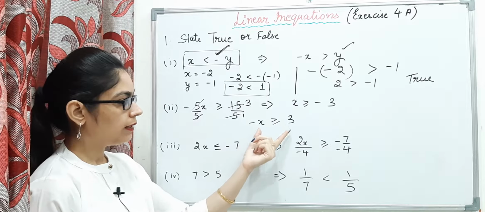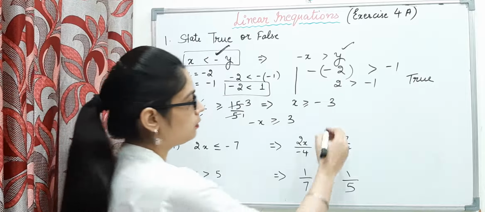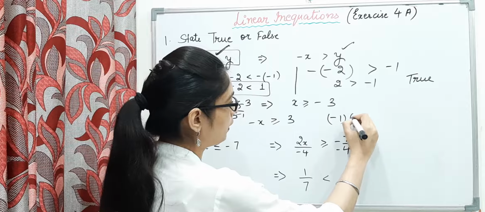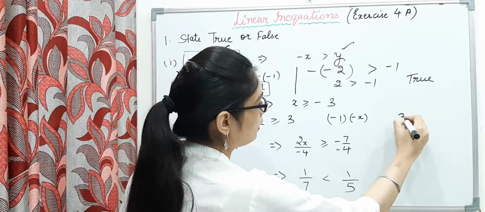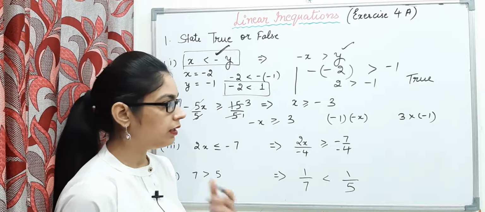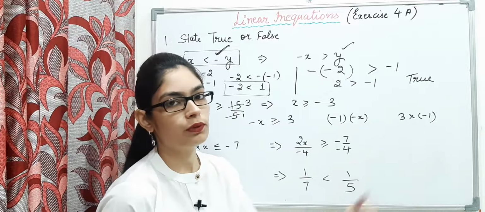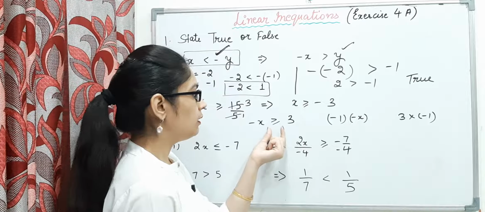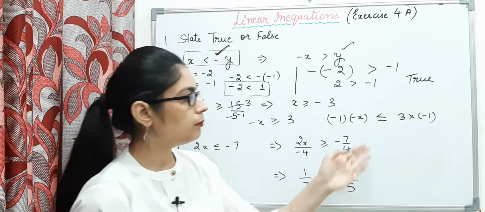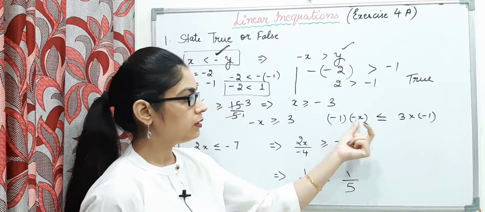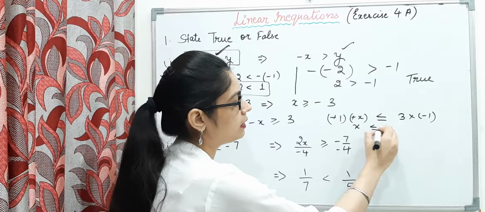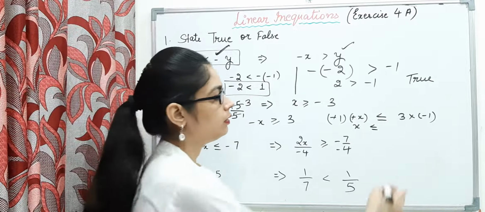Minus x is greater than or equal to 3, but here they have mentioned only the value of x. So what I can do, I can multiply both the sides by minus 1. So minus 1 into minus x and 3 into minus 1. In the rules we have learnt that when we multiply both the sides by a negative number, the sign of the inequality will change. If it is greater than or equal to, it will change to less than or equal to. So minus minus is plus, and x is less than or equal to 3 into minus 1, minus 3.